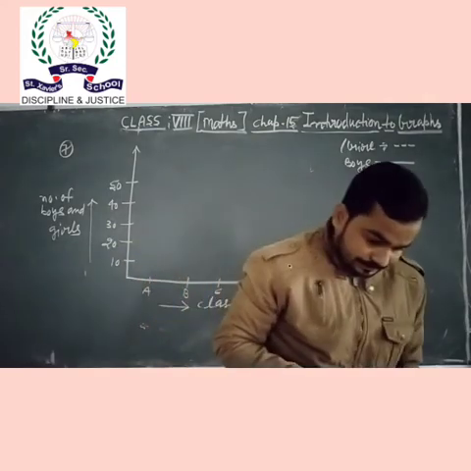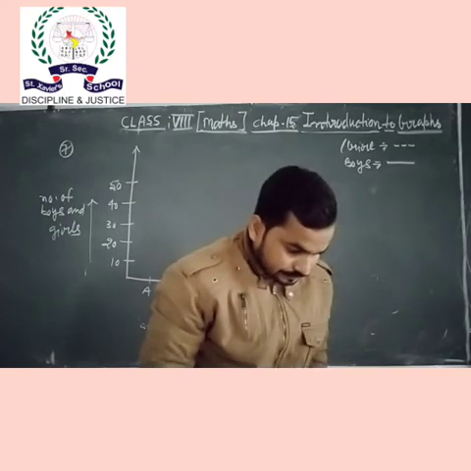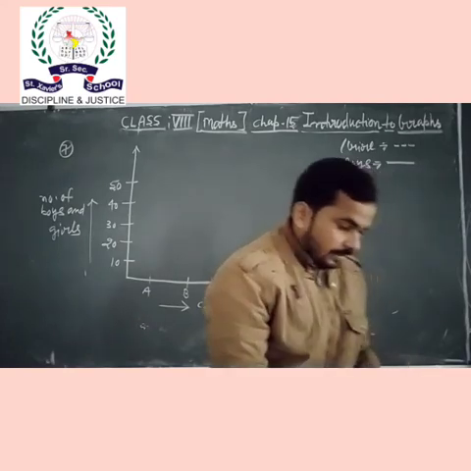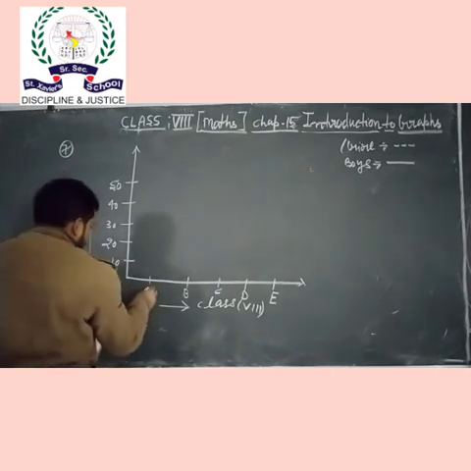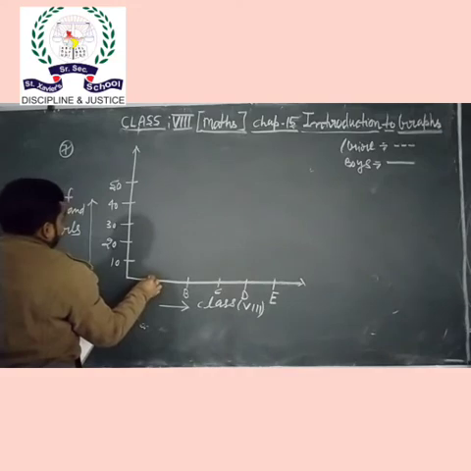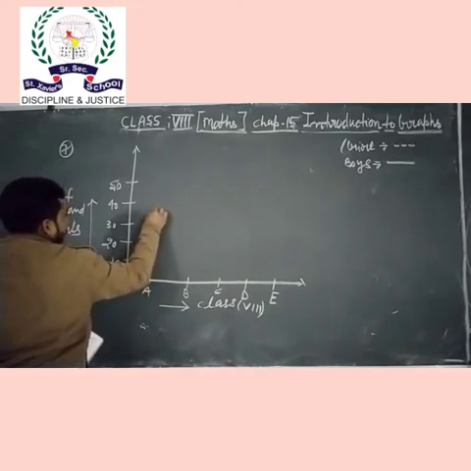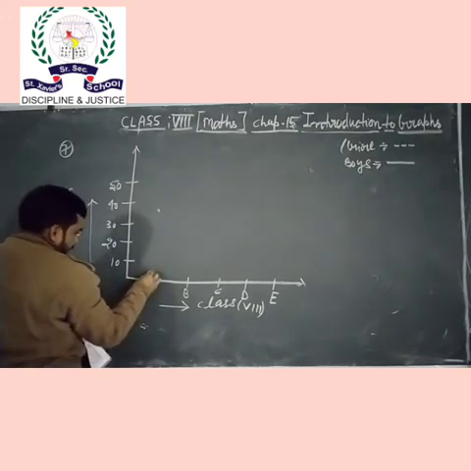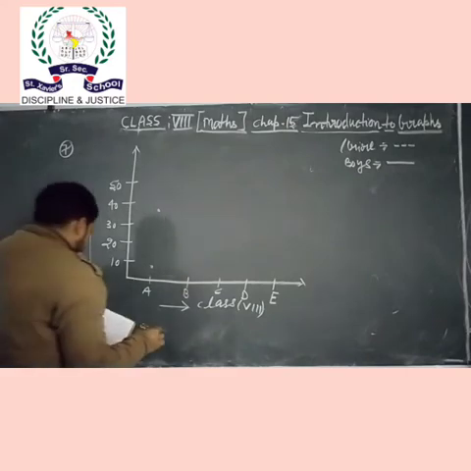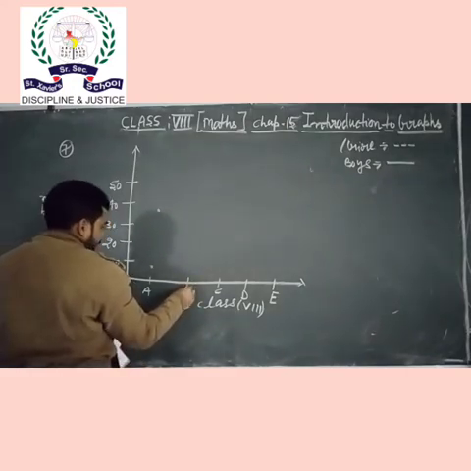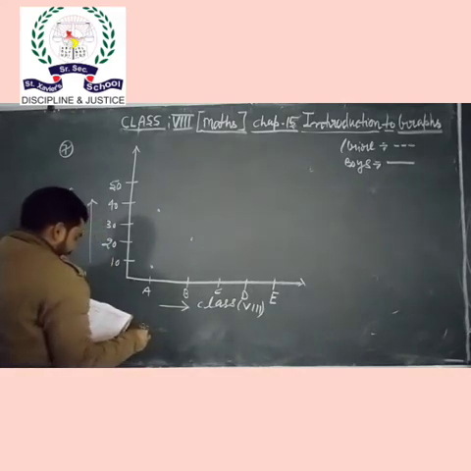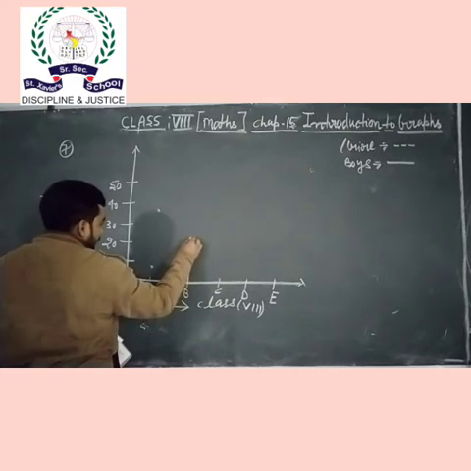In section A, boys are 36 and girls are 8. In section B, boys 24 and girls 20.